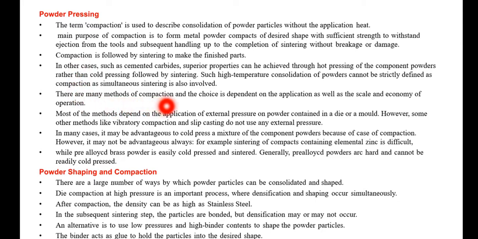There are many methods of compaction, and the choice depends on the application as well as the scale and economy of the operation. Most of the methods depend on the application of external pressure on powder contained in a die mold. In many cases, it may be advantageous to cold press a mixture of the component powders because of ease of compaction.